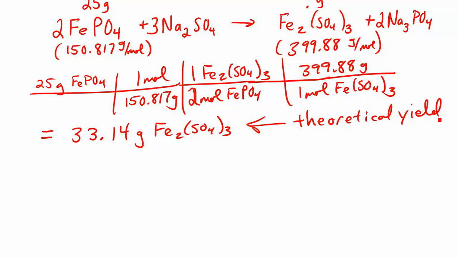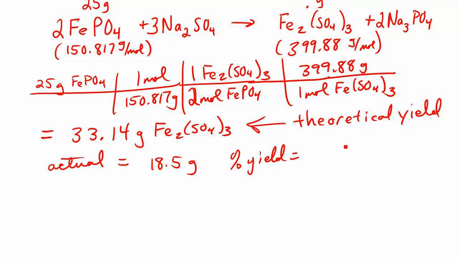Okay. In number 3, it says if 18.5 grams of iron sulfate are actually made when I do this reaction, what is my percent yield? So here it's giving us an actual of 18.5 grams. And so my percent yield is going to be 18.5 over 33.14 grams times 100.